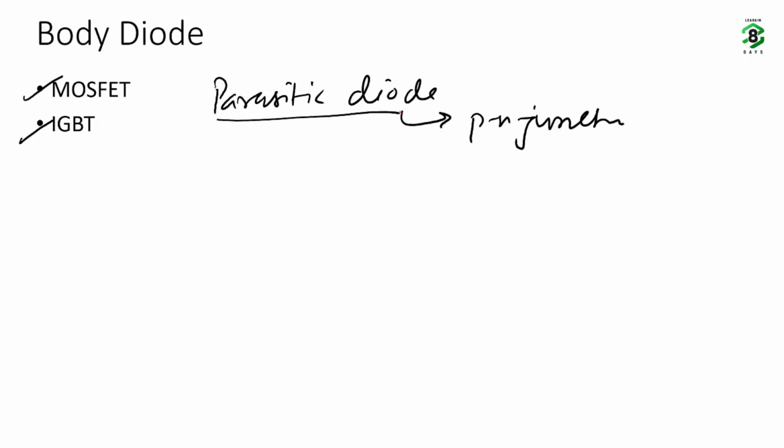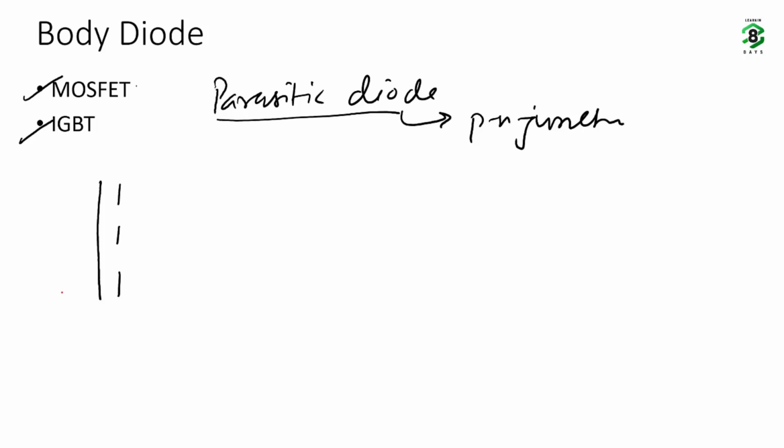Why this parasitic diode is present will be discussed when I cover the subject in detail. For the time being, just understand that in these two types of devices a parasitic diode is present, which allows current flow in the opposite direction to the normal current flow in the MOSFET and IGBT.